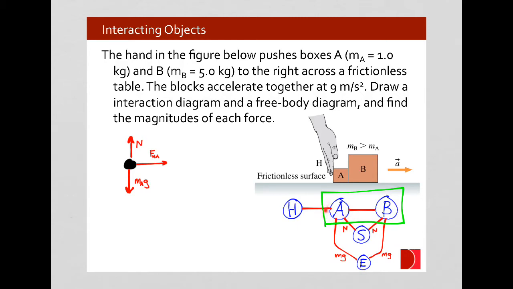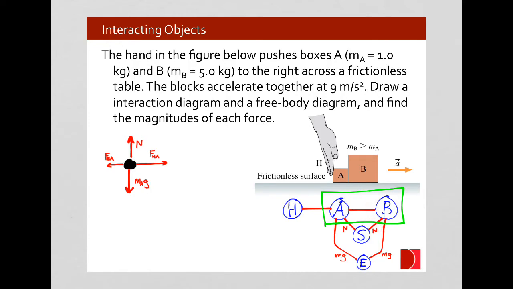We have this force that's pushing A to the right, and this force here, if A is pushing on B, B has to be pushing back on A, and so there has to be a force acting back to the left. That is the force of the reaction of B pushing back on A. You'll note here as well, we made it so that there's a net force and thus a net acceleration to the right, because these blocks together are moving to the right. So that has to be the case.